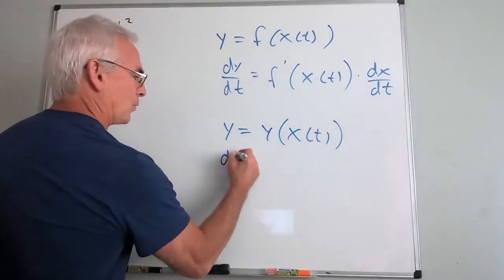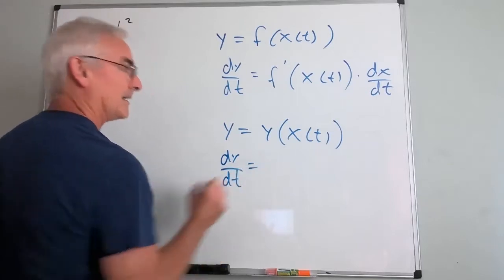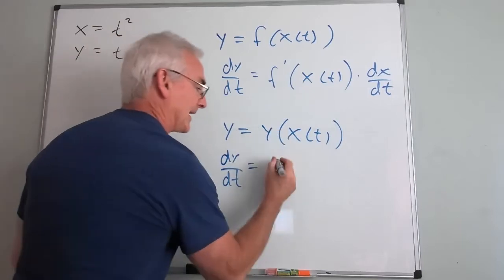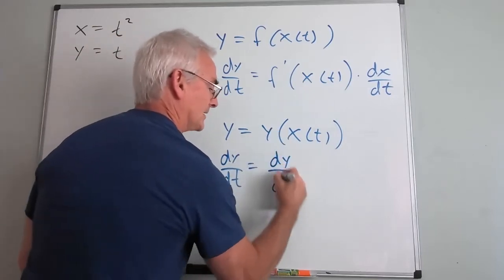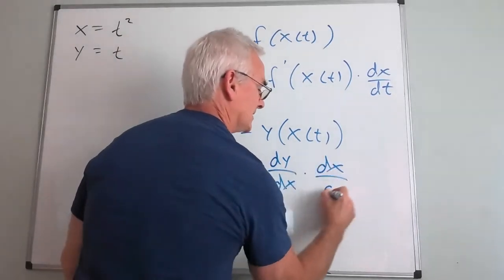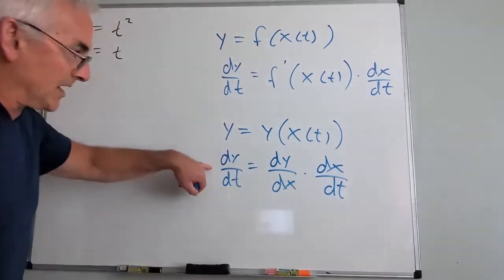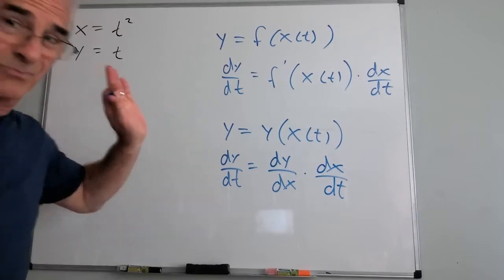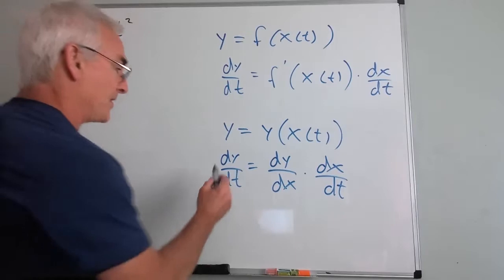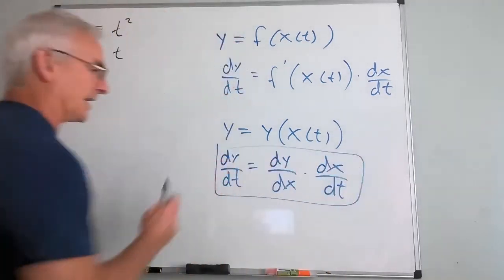So if I wanted dy dt, using the same notation, I want the derivative of y with respect to x, and we will write that dy dx. Now I have my chain rule factor, dx dt. Now, this is Calc 1. This is chain rule in Calc 1. This is really, really early in Calc 1. We learn how to do this. This is the formula we're going to use today.